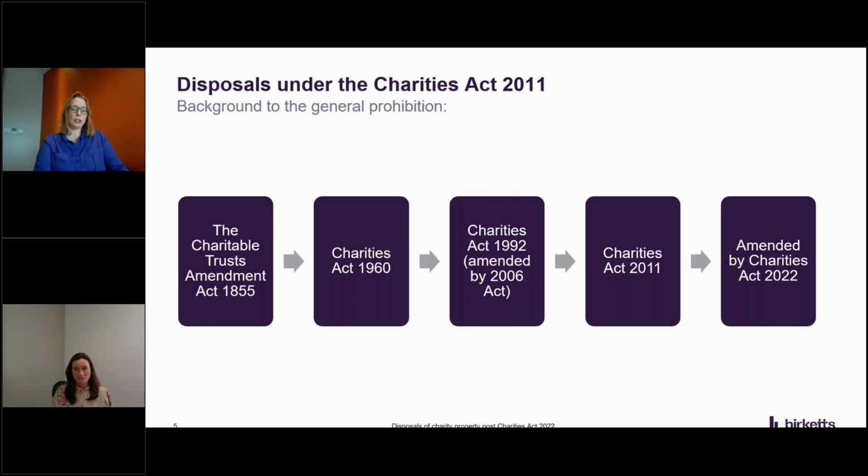The 1992 Act really brought us to the position we're in now, and it introduced this sort of concept of a procedure for sales of land, so that charity trustees could be more free to make disposals and to go through a process which would show good decision making, but without having to jump through these hoops of always having to go to the Charity Commission.